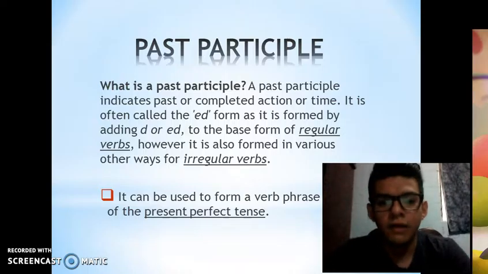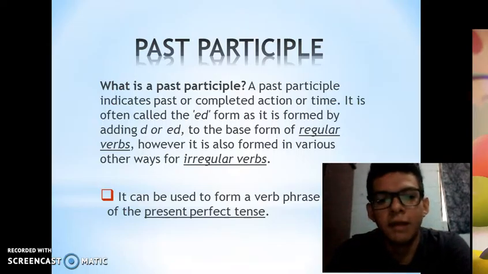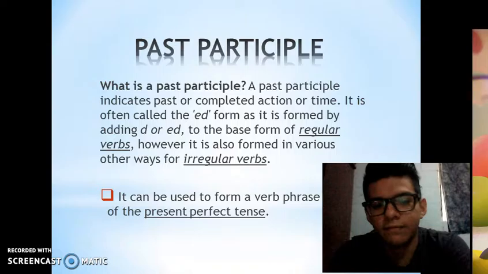But first of all, I'm going to explain what is past participle. The question says, what is a past participle? A past participle indicates past or complete action or time. It is often called the ed form, as it is formed by adding t or ed to the base form of regular verbs.